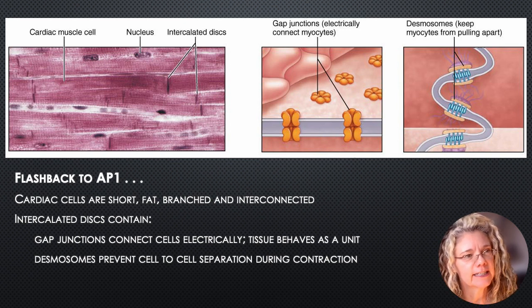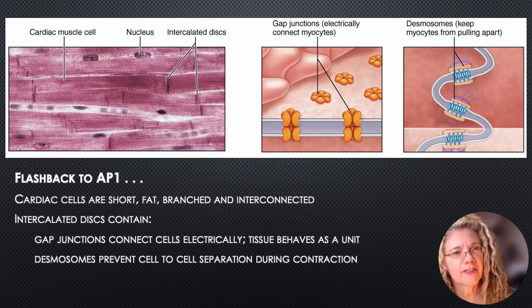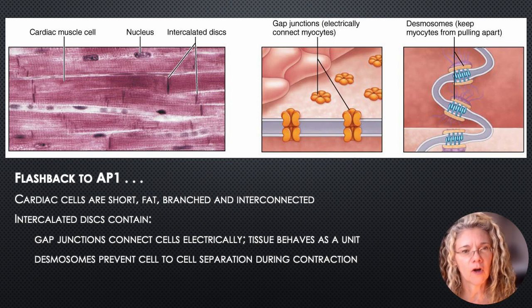In those intercalated discs, which are super important to heart function, you're going to see gap junctions. Those gap junctions connect the cells together electrically and help that tissue function as a team or a unit. So when we want the heart tissue to contract all at once and then relax all at once.